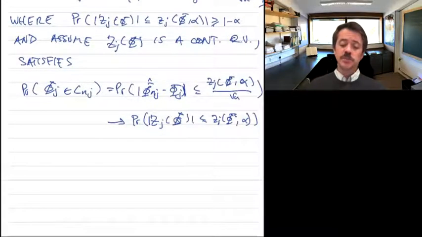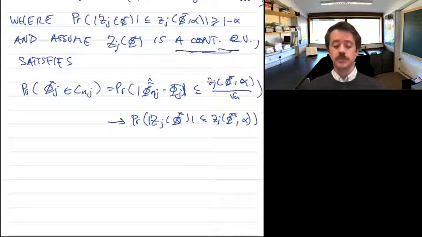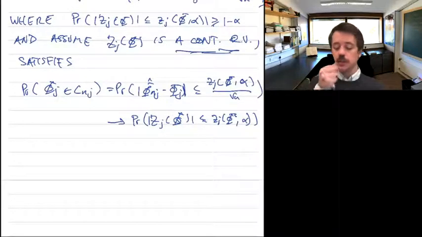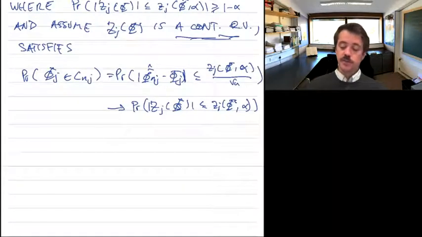So convergence in distribution, together with the simple assumption of it being a continuous random variable, because I remind you that convergence in distribution is convergence of these probabilities, but it has to happen just at the continuity points, not at every single point. So if we have continuity everywhere, then this is just fine.